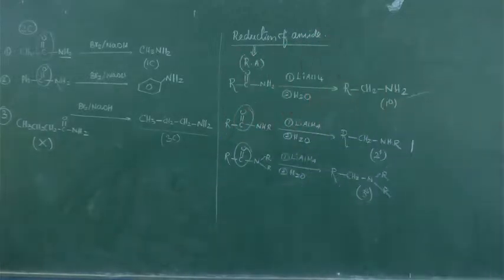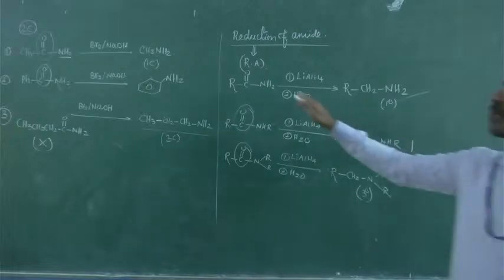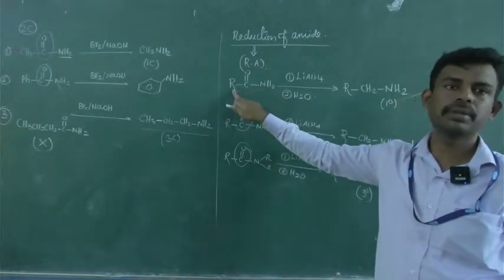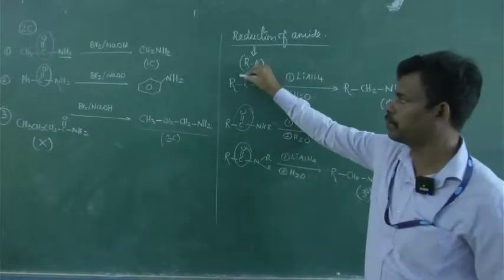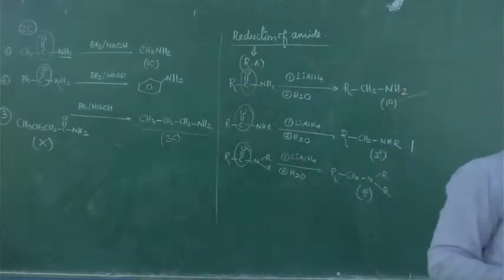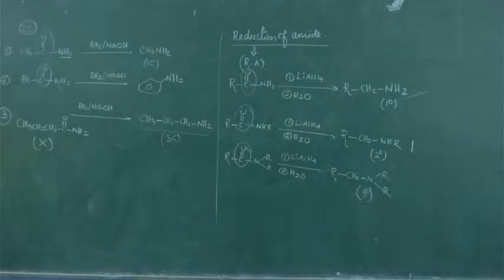Okay, simply what you have to do is convert CO to CH2. CO to CH2. Is it clear? The rest of the structure remains the same. In the amide, only the CO part becomes CH2. Is it clear? That you have to remember.